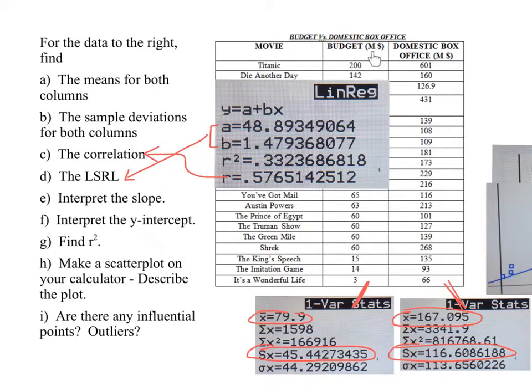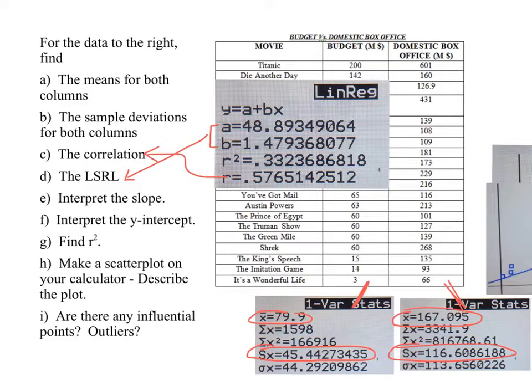Now, interpreting the y-intercept, the key is that we talk about the explanatory being 0 and what that predicts. In this case, if the budget were $0, we would predict that the box office would be $48.89 million.